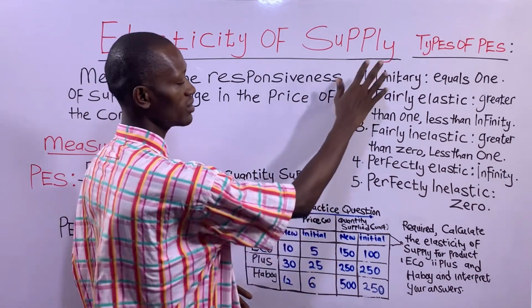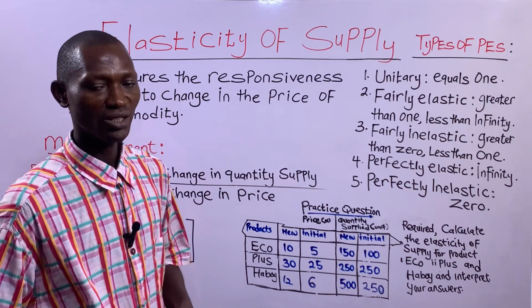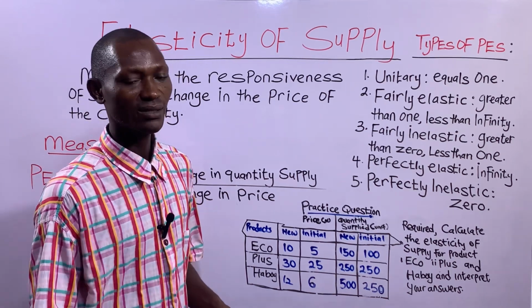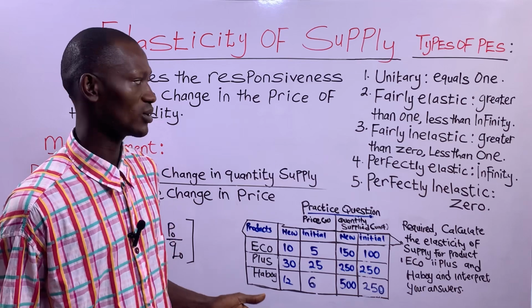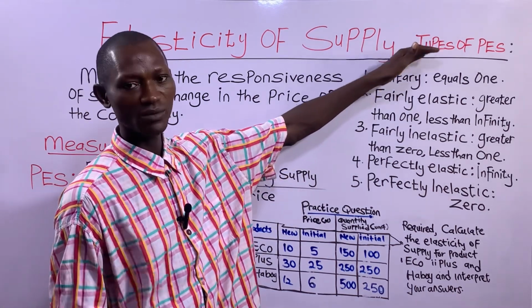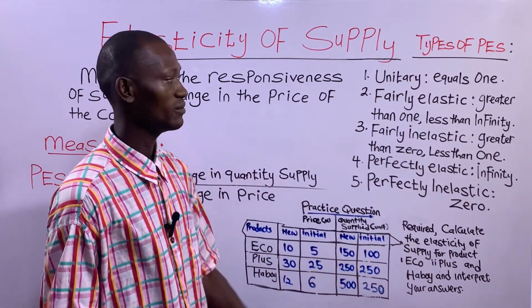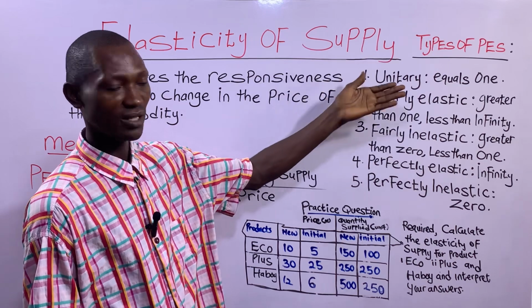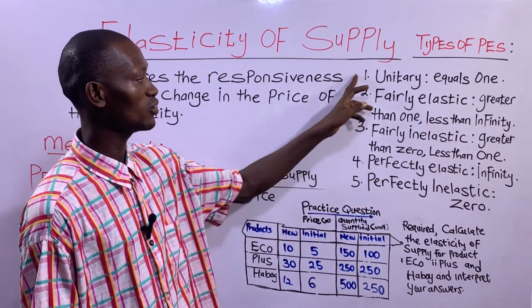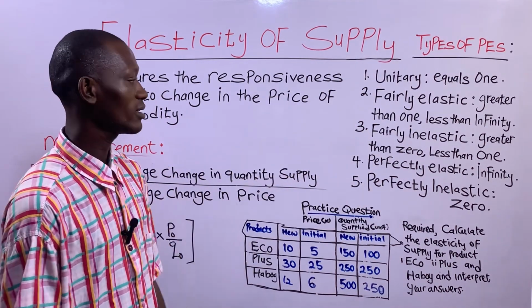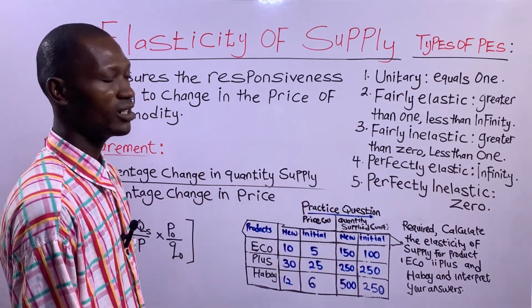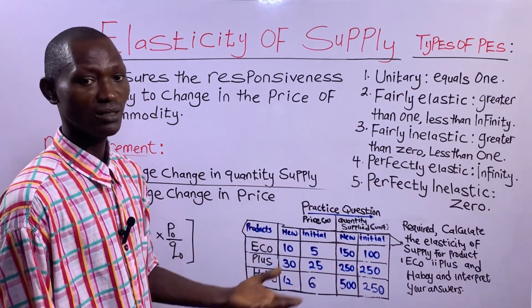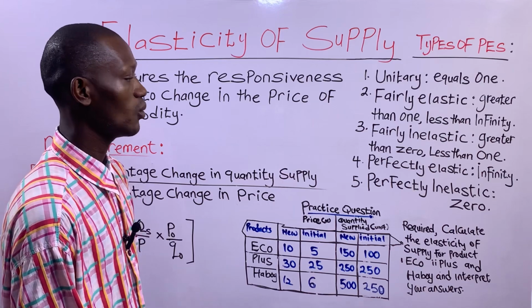So this boils down to the interpretation of the price elasticity of supply that has been calculated for a particular product in question. These are the types of price elasticity of supply we have. They are categorized into five: unitary, fairly elastic, fairly inelastic, perfectly elastic, and perfectly inelastic. So let's explain each of these one after the other.